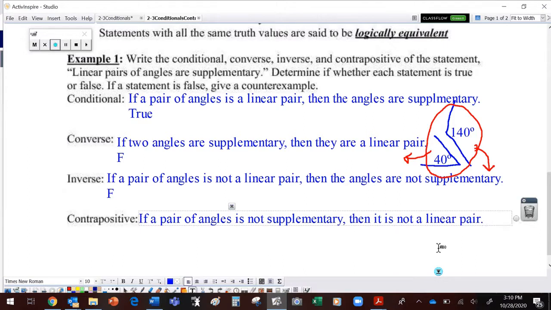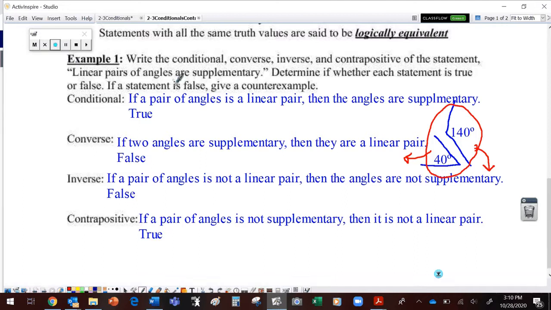Well, part of the definition of a linear pair is that they have to be supplementary. So if they're not supplementary, they can't be a linear pair. So this one is true. And let's make each of these consistent here. Since it's true, I don't need a counterexample.